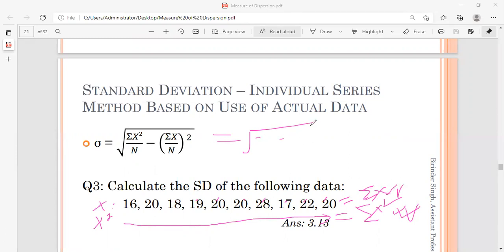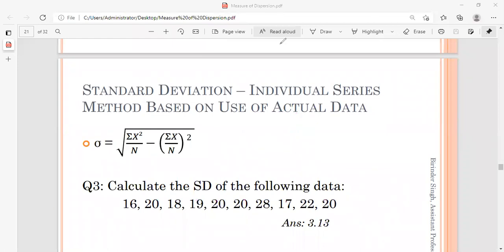So in this way, you can compute the standard deviation in individual series by making use of the raw data points. I think you are clear up to these steps. Let me move ahead. Still, we are talking about the computation of standard deviation in the case of the individual series by using 2 different formulas.